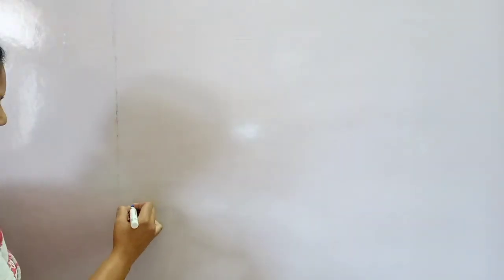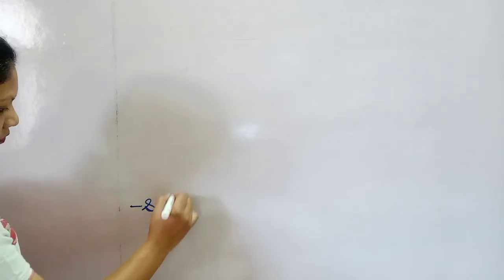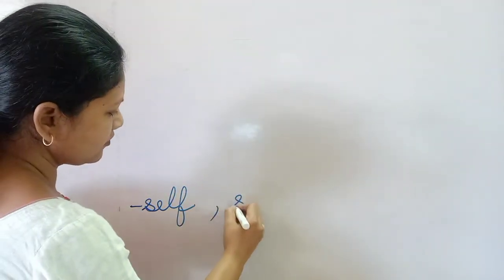First, let me tell you how it is formed. Talking about the formation, children, reflexive pronouns are formed by adding the suffix self, or selves.